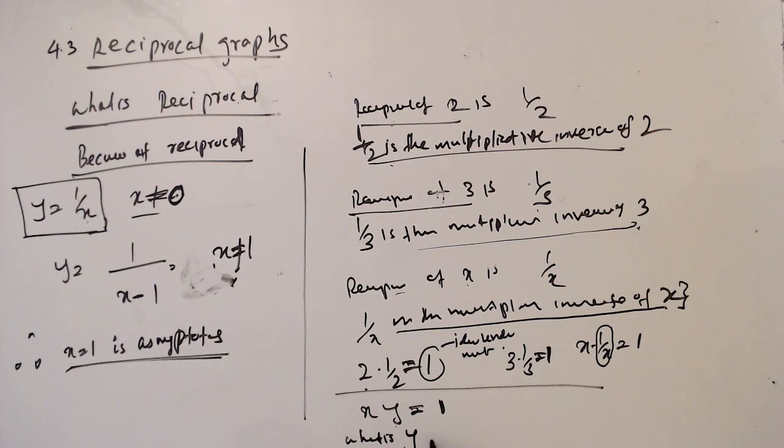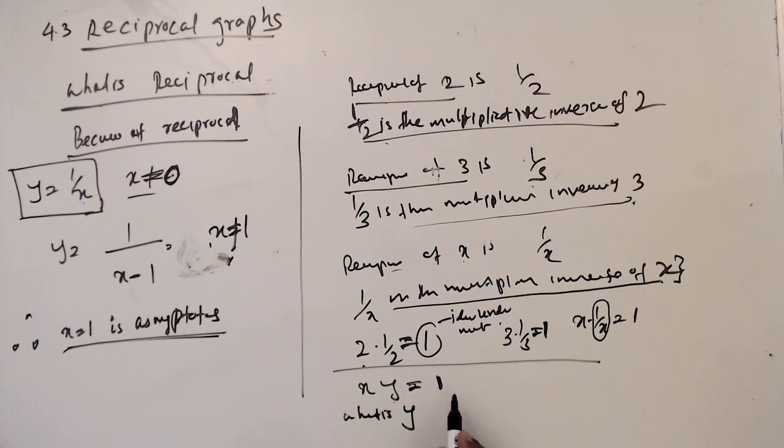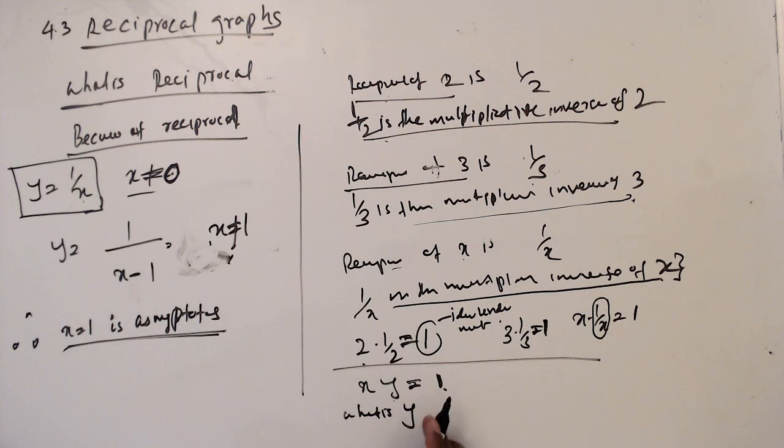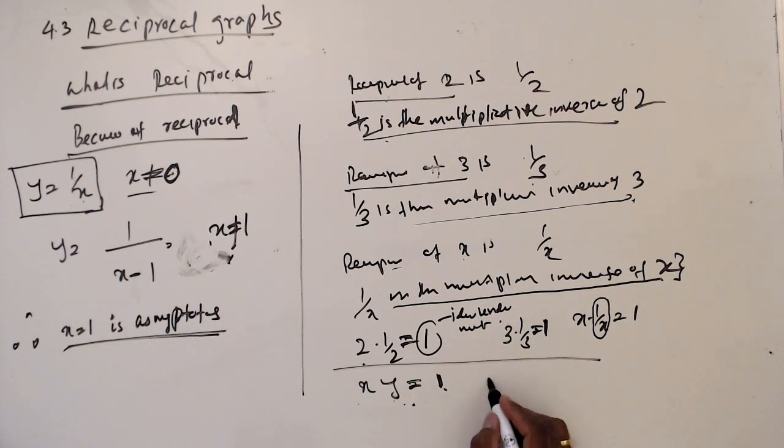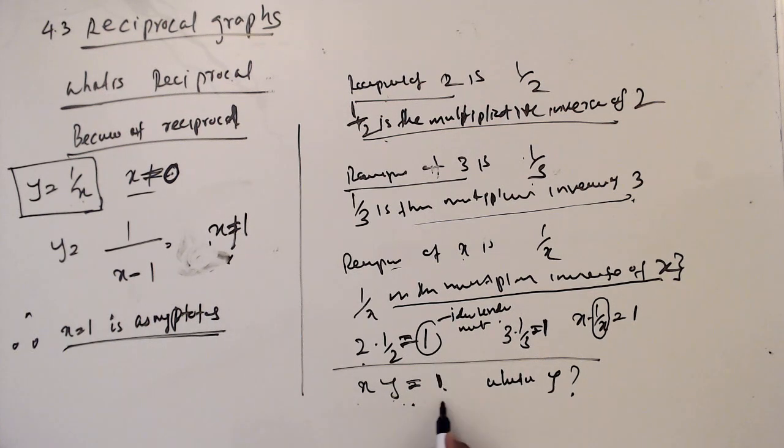To make 1, since there is x, I have to write 1 over x to cancel out. It means y equals 1 over x.